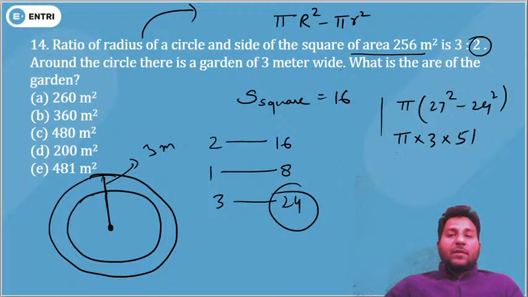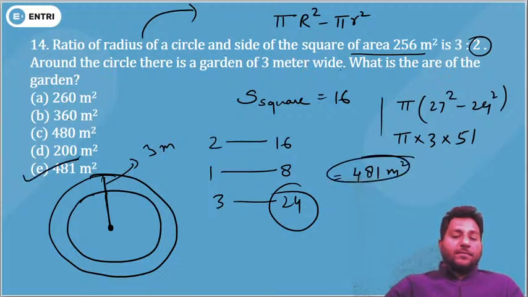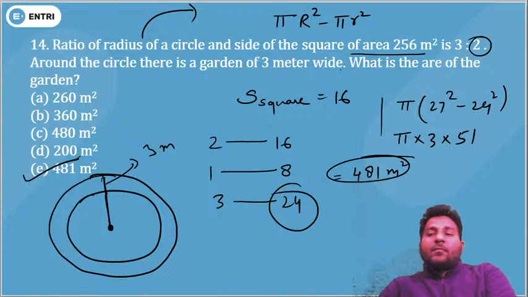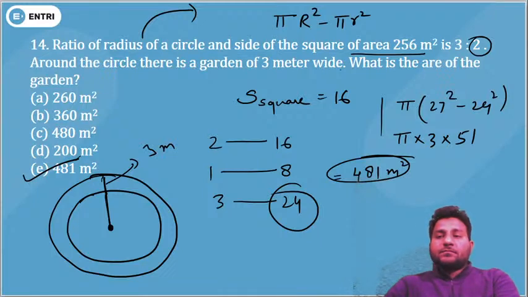Now let's solve this quickly to find the answer. Once you solve this you will find the answer as 481 meter square, which means option A. Option E will be the correct one.